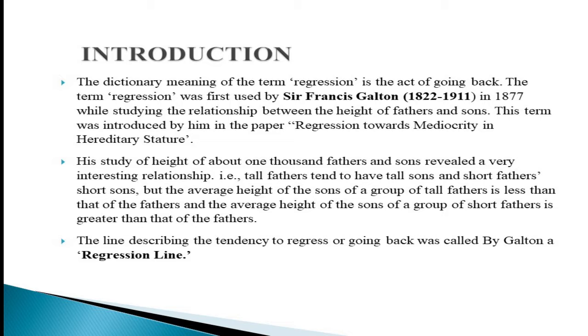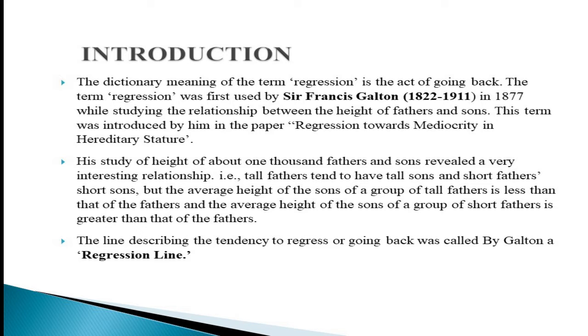This term regression and this concept was first introduced by Sir Francis Galton in the year 1877 while he was making a study about the heights of a set of fathers and sons.